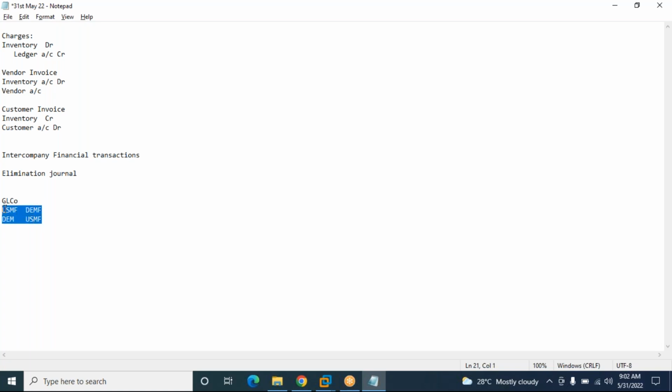Because this is completely balanced, the total balance. So we need to eliminate the intercompany transactions in the group company. That is called elimination. Elimination means intercompany receivable payable? Yes, exactly.